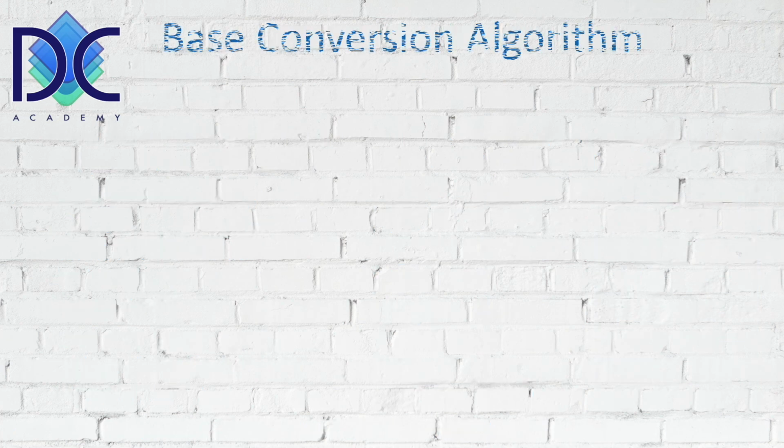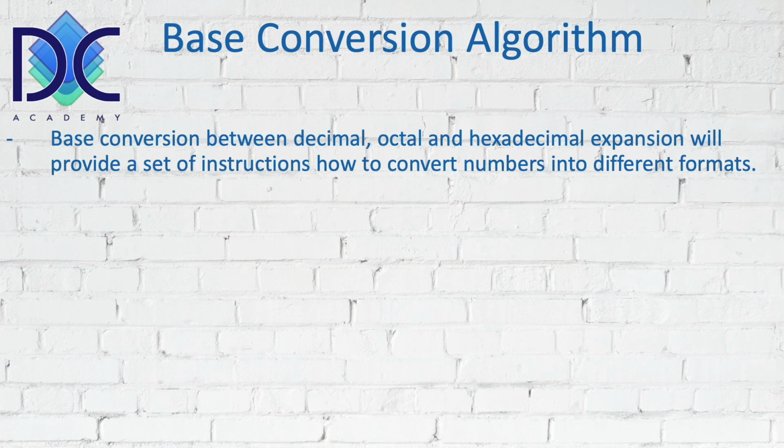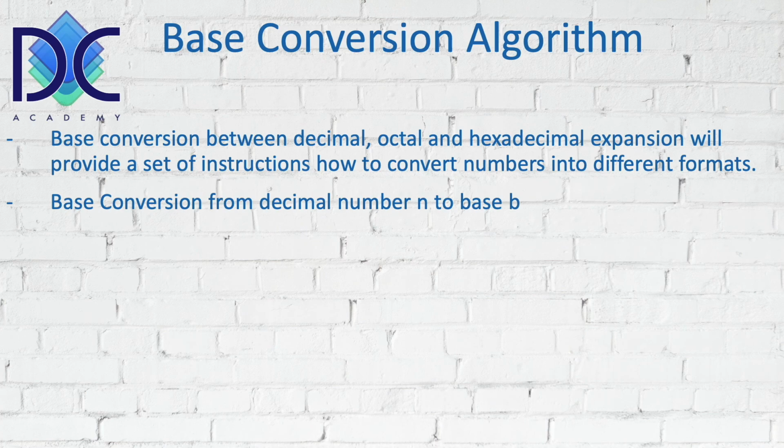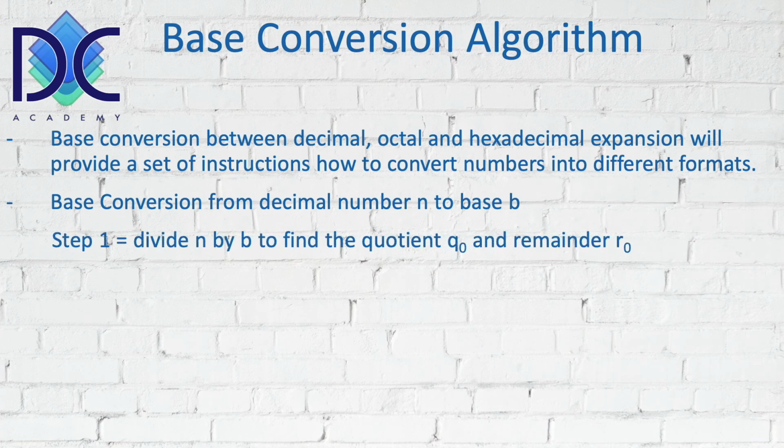Now, when we look at the base conversion algorithm, we can convert numbers into different formats. We can have a base conversion from a decimal number n to a base b. The first step is to divide n by b to find the quotient q0 and the remainder r0.